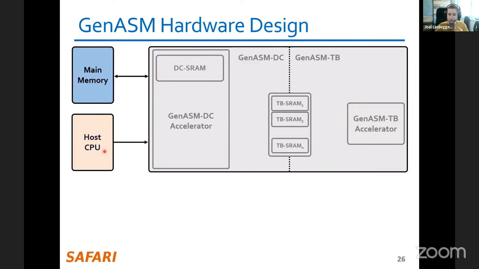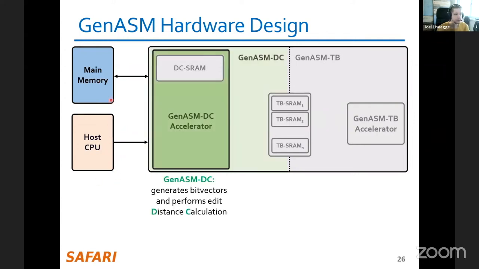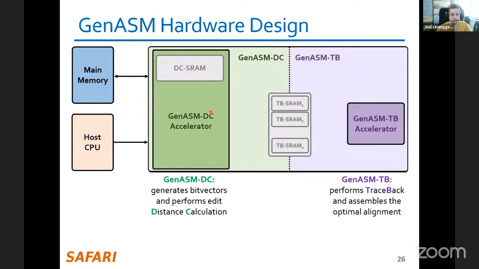So you have a bunch of hardware that stays in place and the data moves through the hardware that does computation over it. So we have a host CPU and some main memory, and those send their data to the GenASM-DC accelerator that builds these tables, and then a traceback accelerator that obtains the CIGAR string.